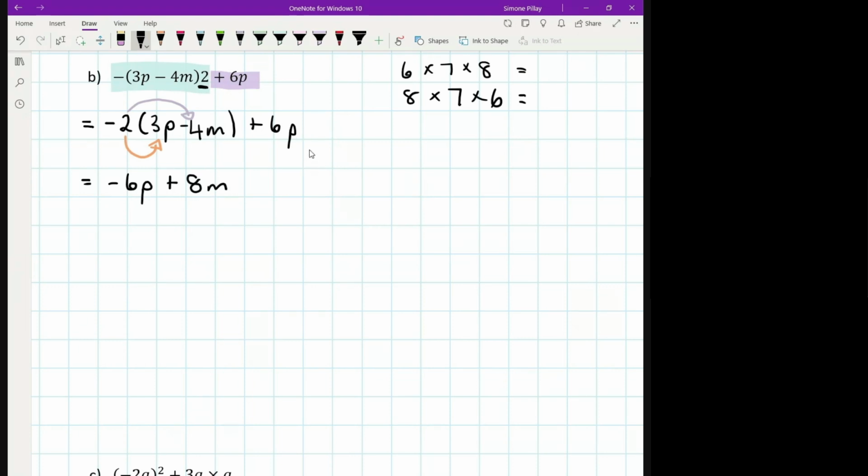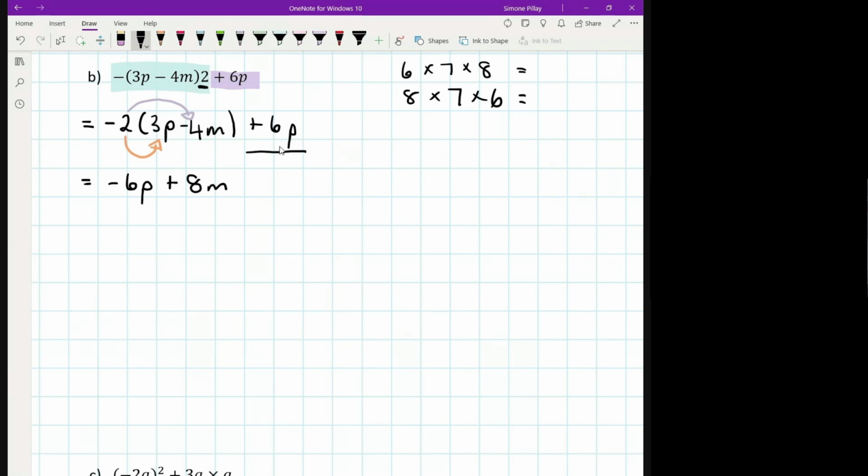And then 2 plus 6 is 8p. So remember, this -2 has been eliminated basically through our distribution. This was the term on its own. So now that we've simplified this term, it's the next term that we're simplifying. My next term is just positive 6p.